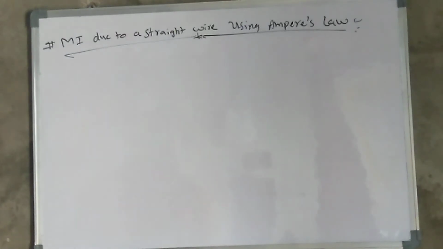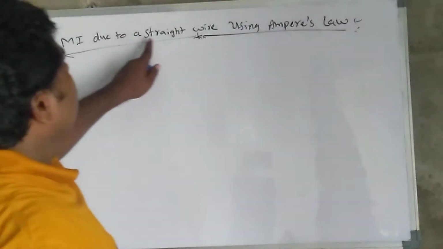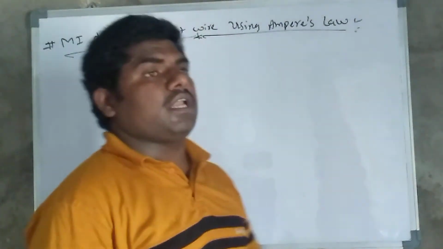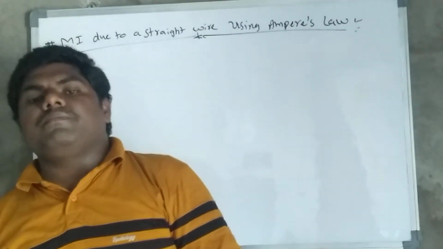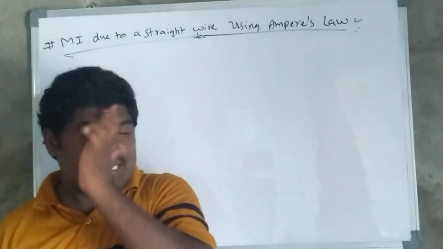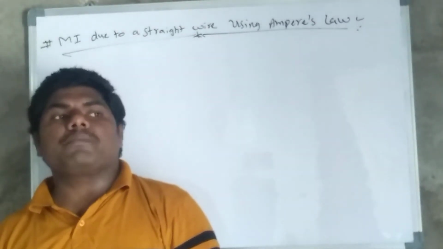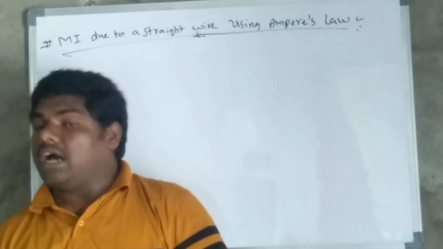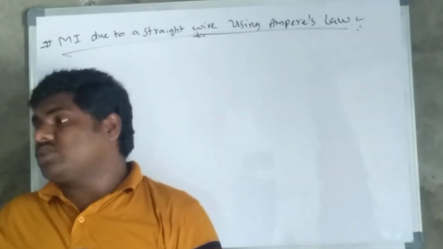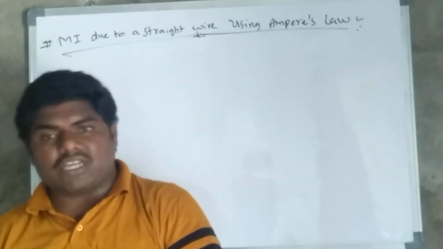Applications. First application: magnetic induction due to a straight wire using Ampere's law. The same condition using the Biot-Savart law: for a long wire, B is equal to mu naught I by 2 pi r. So, using Ampere's law, do we get the same equation or not?